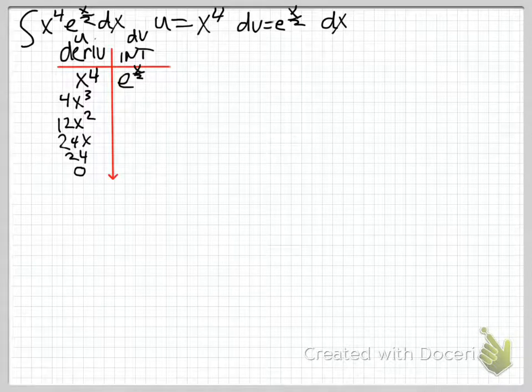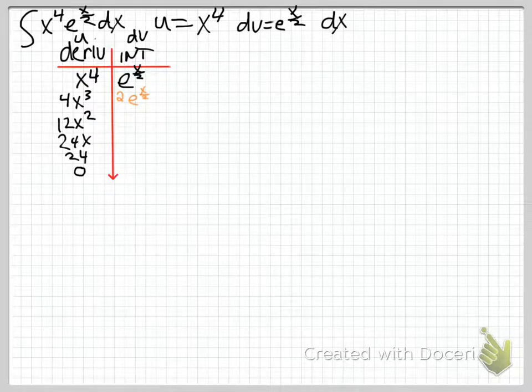So we can't take the derivative anymore, so now we take the integral, and we'll switch colors. We'll do this one in orange. The integral of e to the x over 2 is e to the x over 2, but we need a 1/2 out in front of there. If we think about doing the u substitution, we'd multiply it by 2 over 2, and the 1/2 would cancel out, and we end up with 2e to the x over 2.